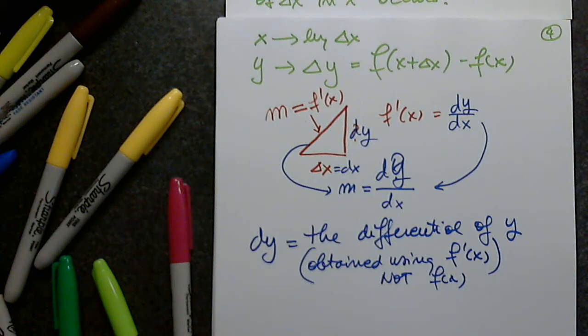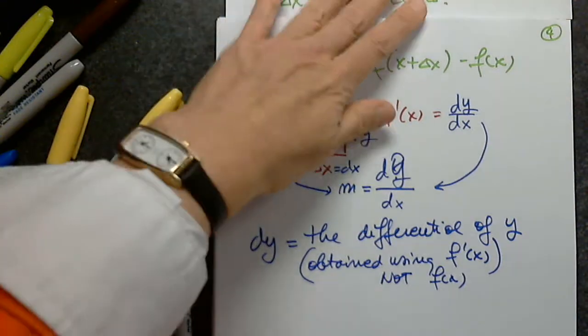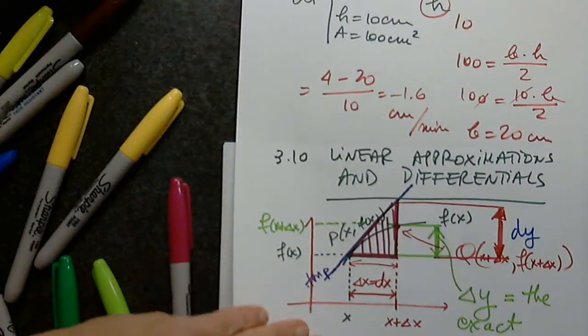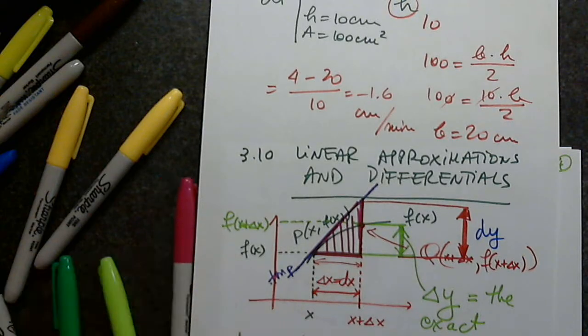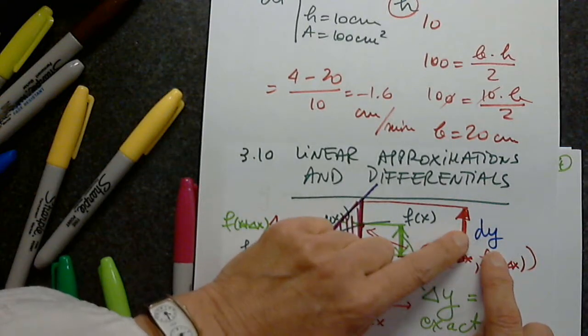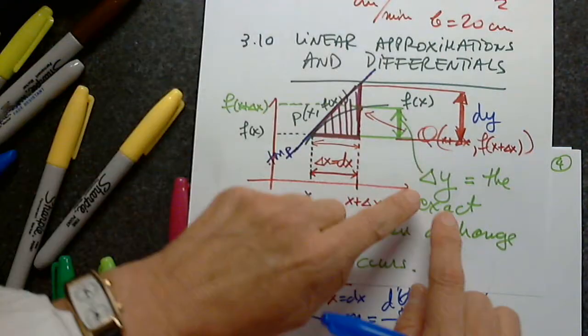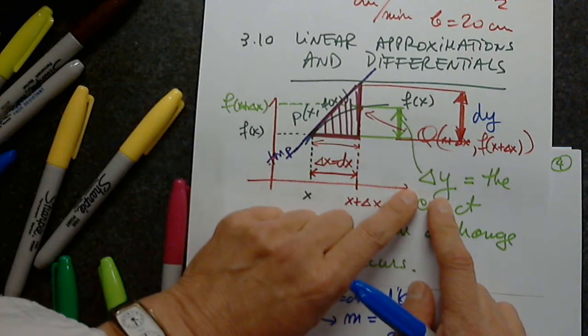So coming back to what we did with the cost, what was dy in the problem with the cost? What was delta y in the cost? $32 per unit.